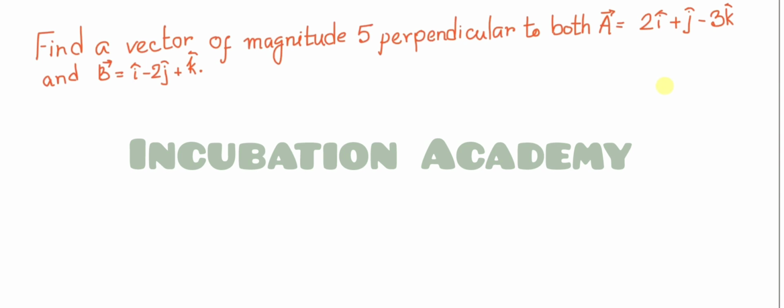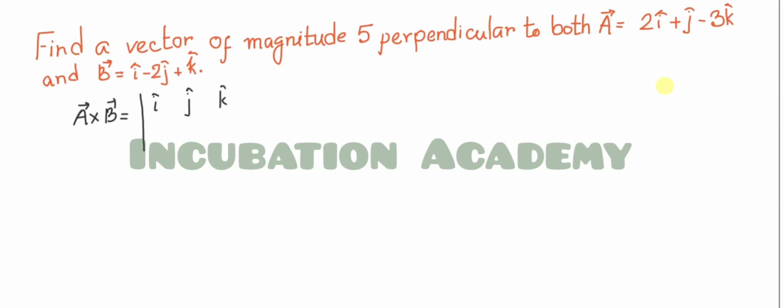So if you want to find a vector which is perpendicular to both the a vector and the b vector, then definitely you have to do a cross product of the a vector and the b vector. So let us do the cross product, a cross b, with i cap, j cap, k cap.